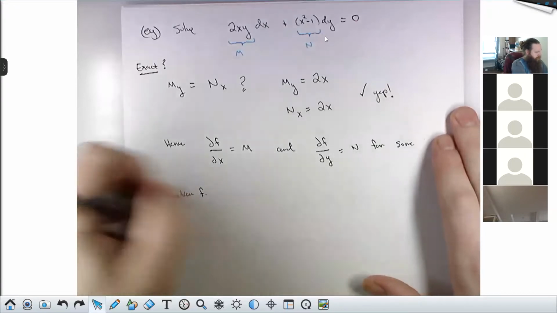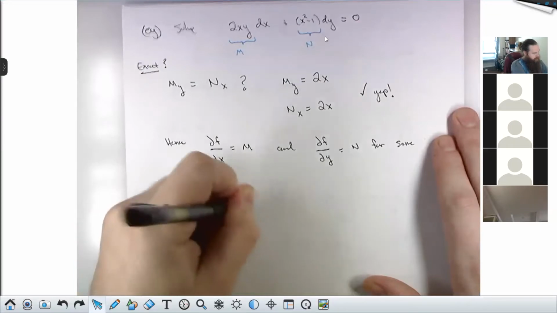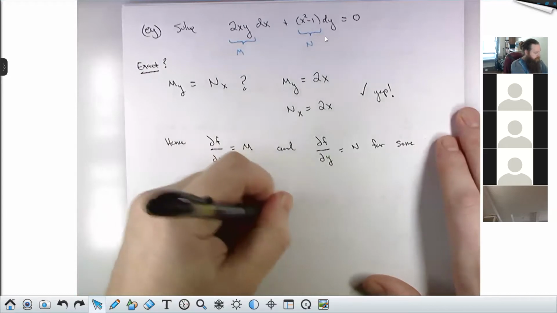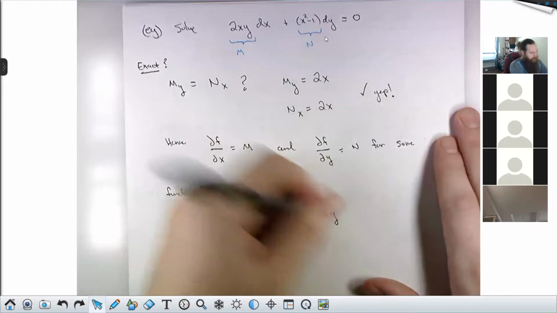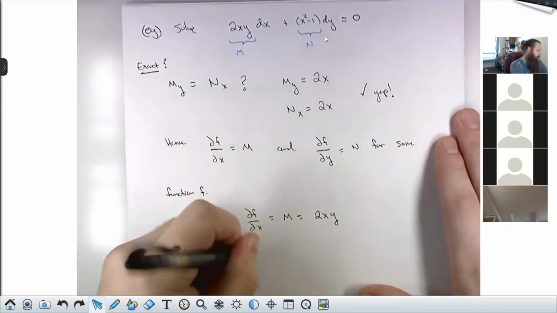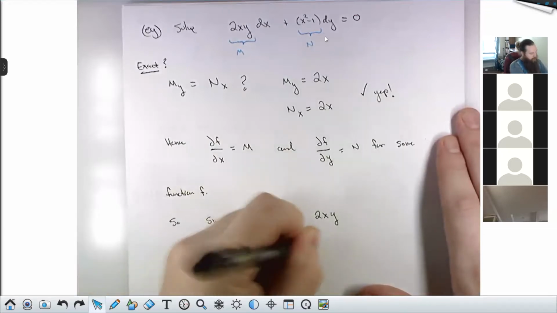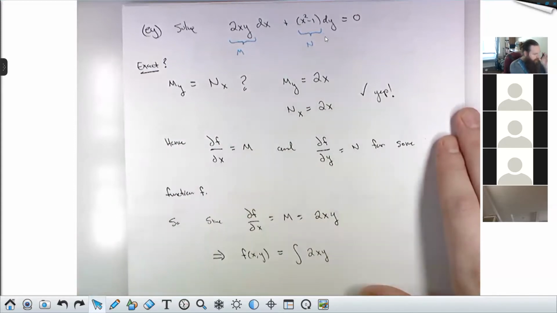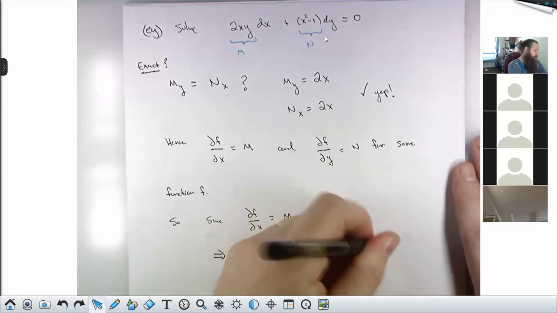So since df dx is equal to m, which is 2xy, we can integrate on both sides to see that f of xy is equal to the integral of 2xy done with respect to x plus some pure function of y.